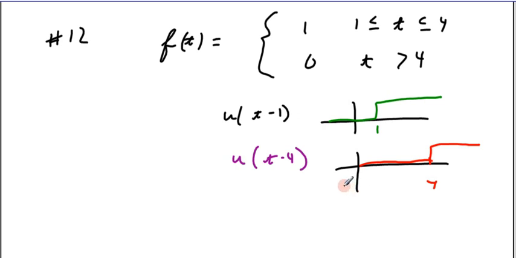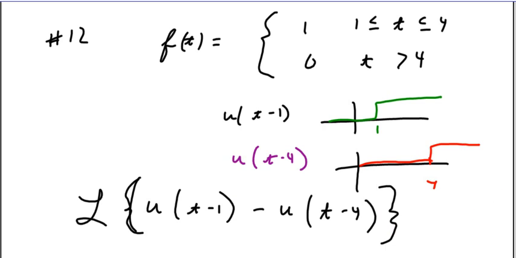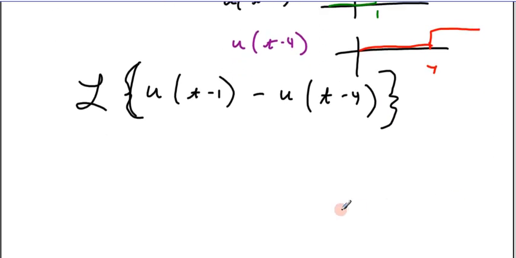So now I say, well, what is the Laplace transform of u t minus 1 minus unit step function t minus 4? Because that's what we're looking at. And we'll put big brackets around that, and I look at that and say, well, that's pretty simple.